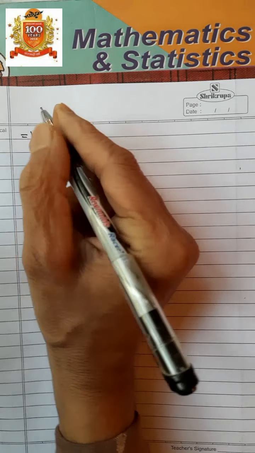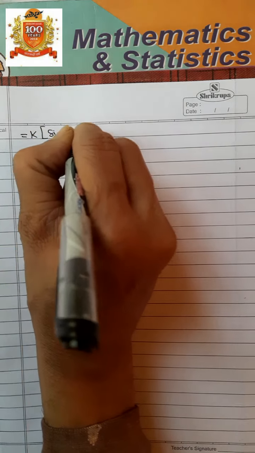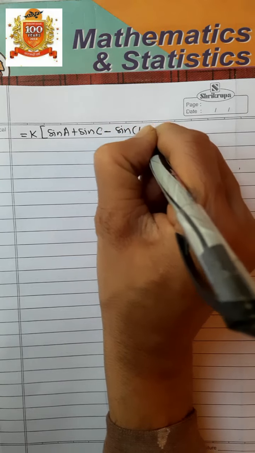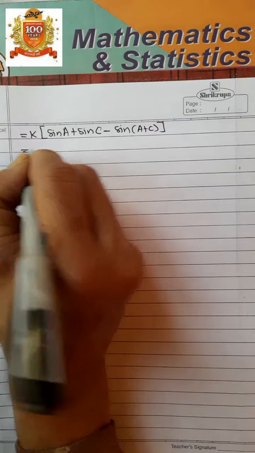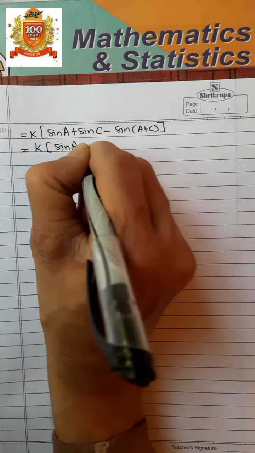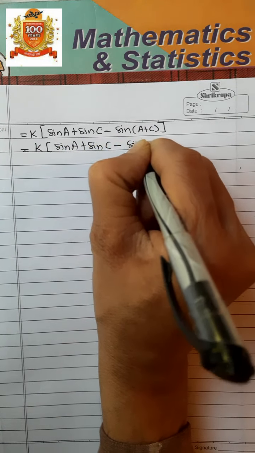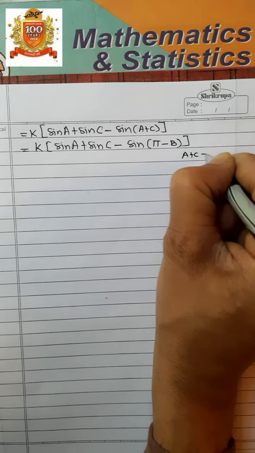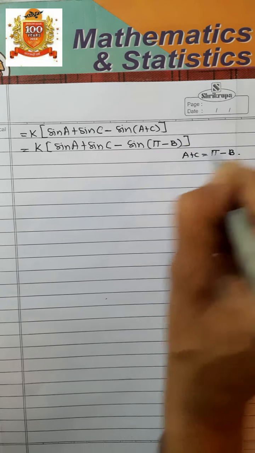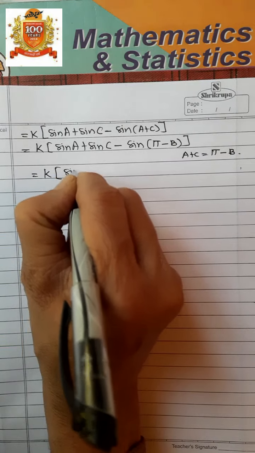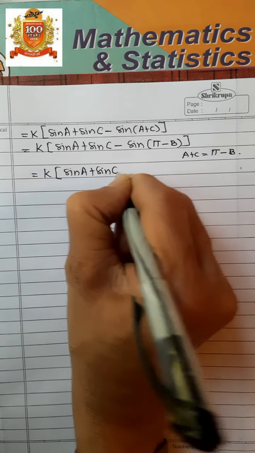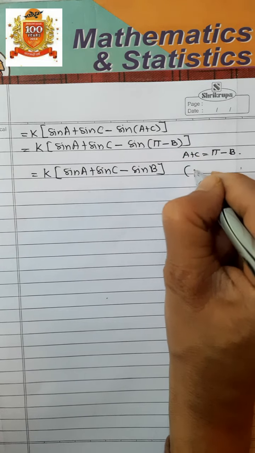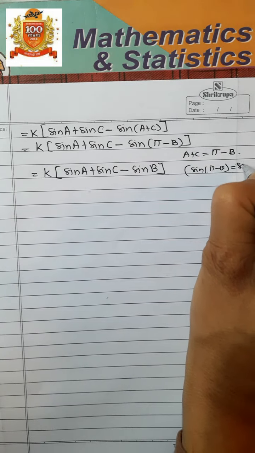Which is equal to k into bracket sin A plus sin C minus, this is the expansion of sin of A plus C, that is equal to k into sin A plus sin C minus sin of pi minus B, because A plus C is equal to pi minus B. That is equal to k into bracket sin A plus sin C minus sin B, because sin pi minus theta is equal to sin theta.